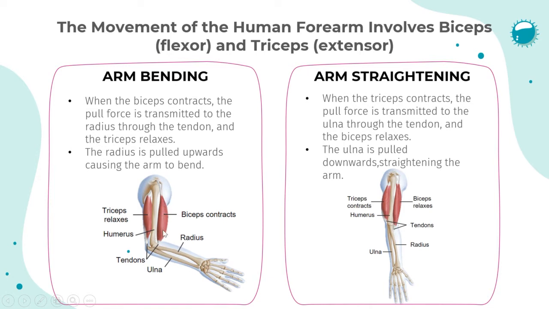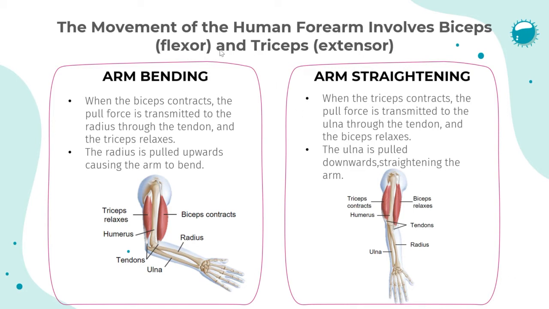Bicep muscle is at the front, and at the hind is the tricep. We already discussed in my previous video that bicep acts as flexor. So what is a flexor? Flexor refers to the muscle that causes the bending of the limb.